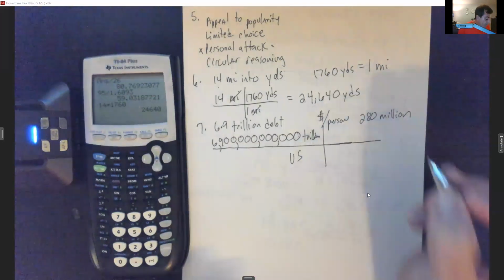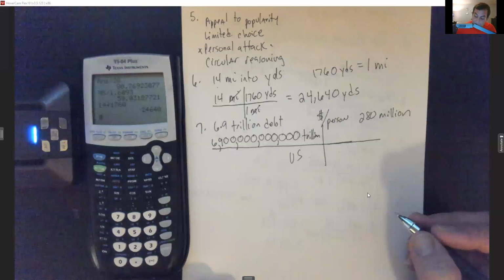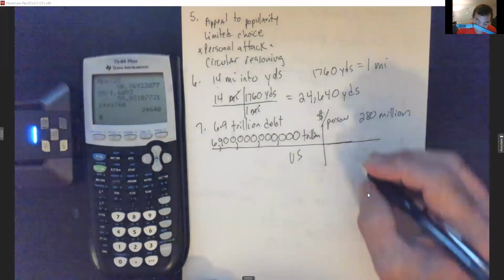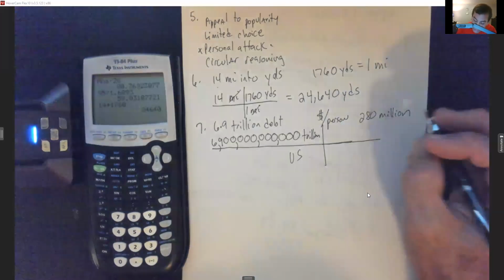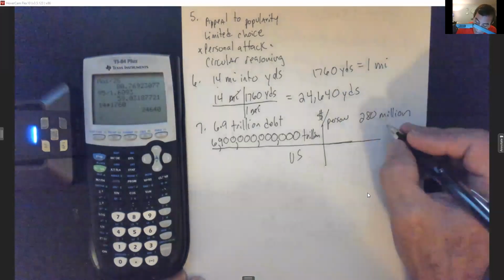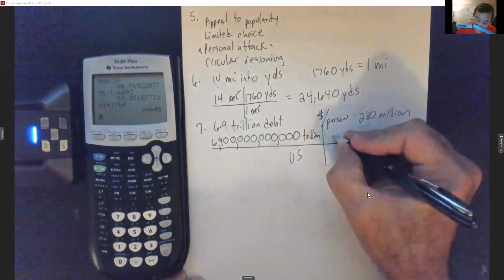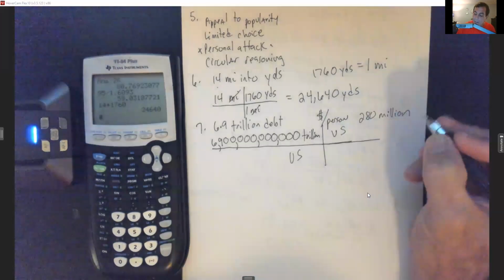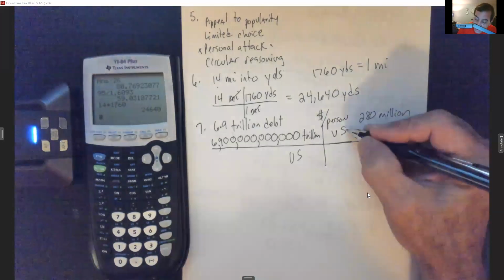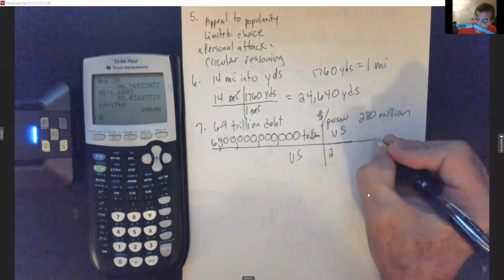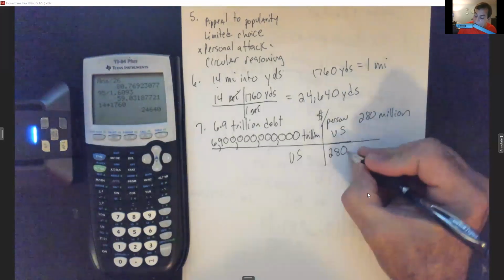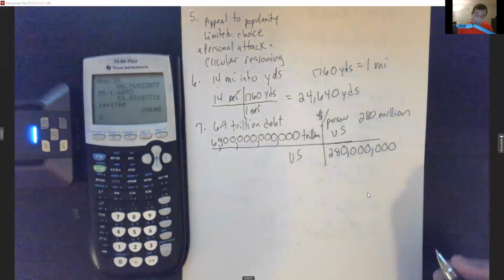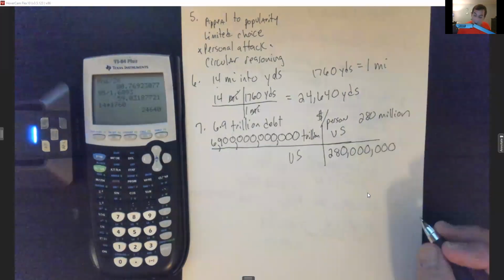So watch what I do. We're wanting to find what's the debt per person. So we know that for the whole U.S., per person had 280 million. So that'd be 280. There's your thousands and there's your millions. Okay.